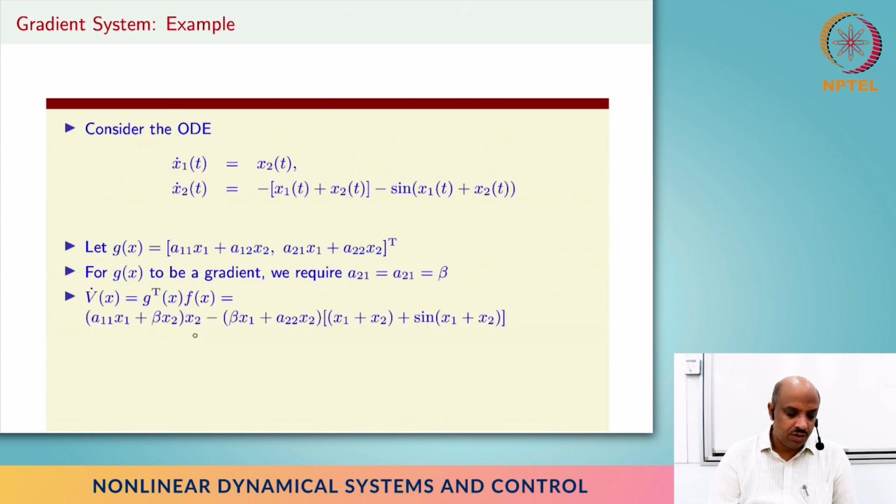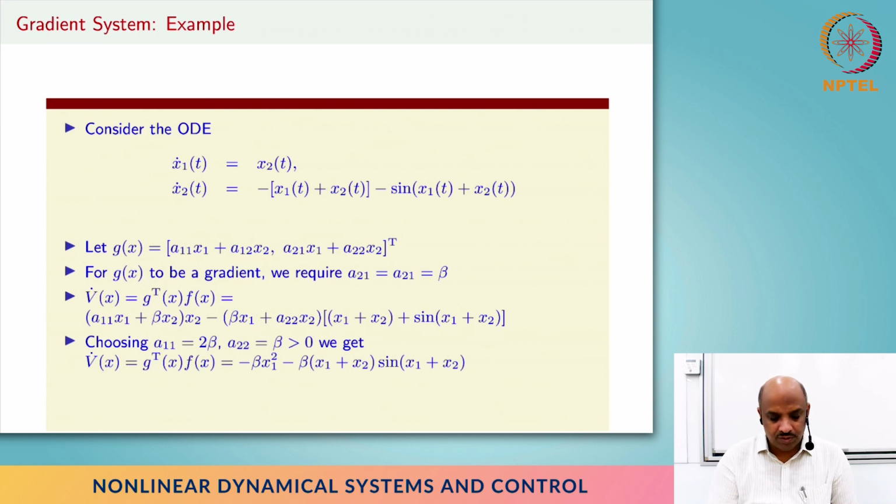Once we have that, we can compute g transpose x, and then we'll get this complicated looking function. By looking at it carefully, we think about how we can make this less than 0. There are multiple ways of doing it, and then we will choose our a11 and a22.